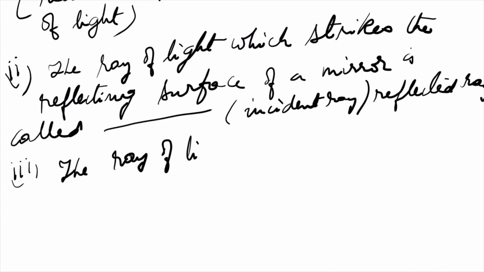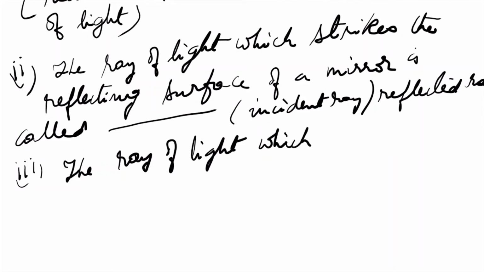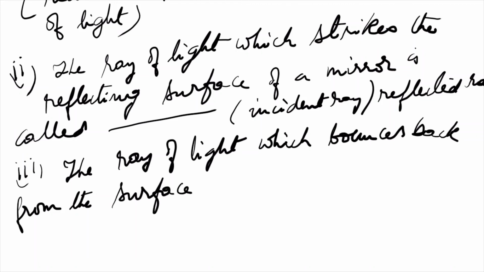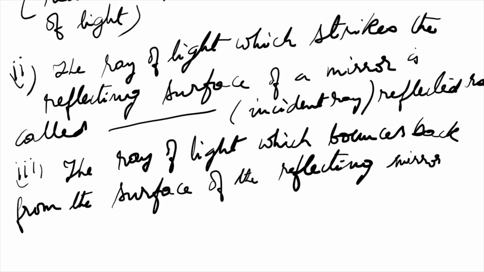And the third one, the ray of light which bounces back from the surface of the mirror is called dash.